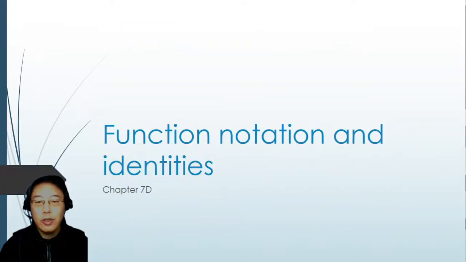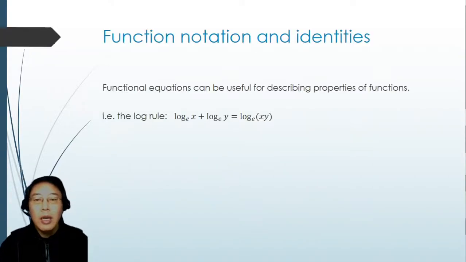So function notations and identities, which is linked to proofing. This is the log rule: log base e of x plus log base e of y equals log base e of xy, the product. Now if we define the function f of x as log base e of x, and I substitute y for x here, I will have f of y.